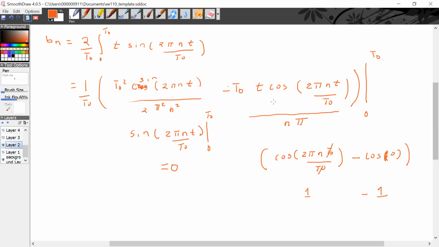However, what I didn't put in is the t. Here, that t is 0, and here, that t is T naught.